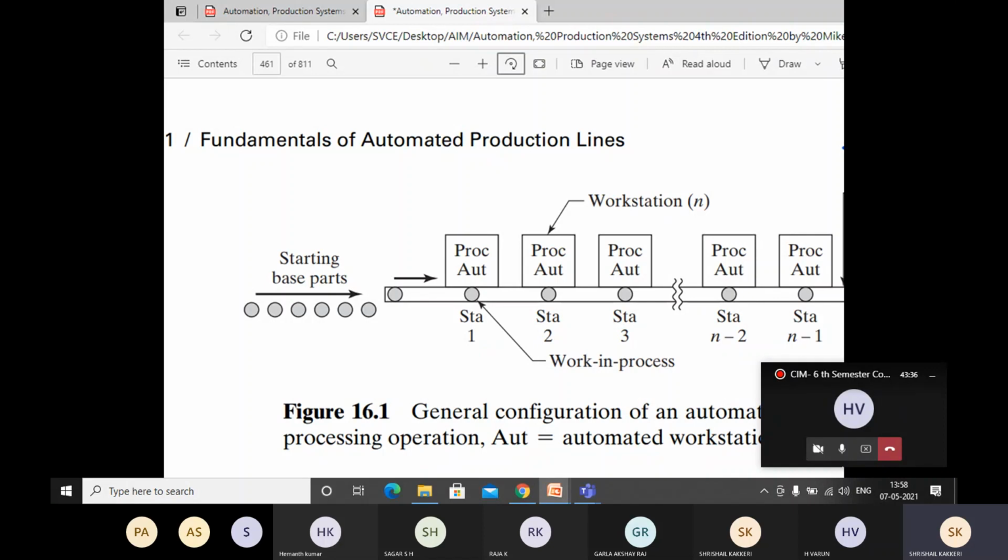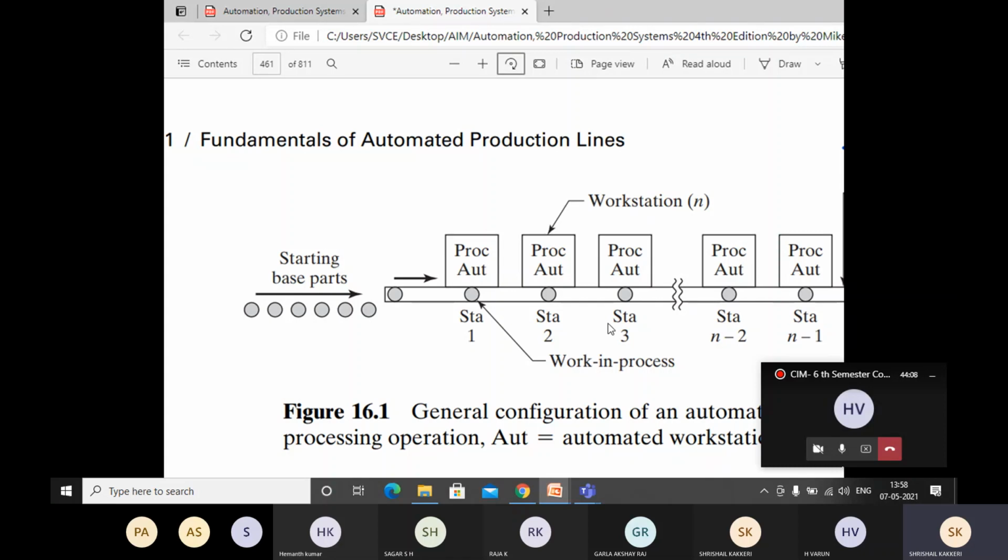And there may be n number of workstations. You can see station 1, station 2, station 3 and station n-2, n-1, n. So many n number of stations will be there, and at each PROC auto, that is processing automation, on the workstation, we may have to do a single operation or multiple operations or parallel operations.